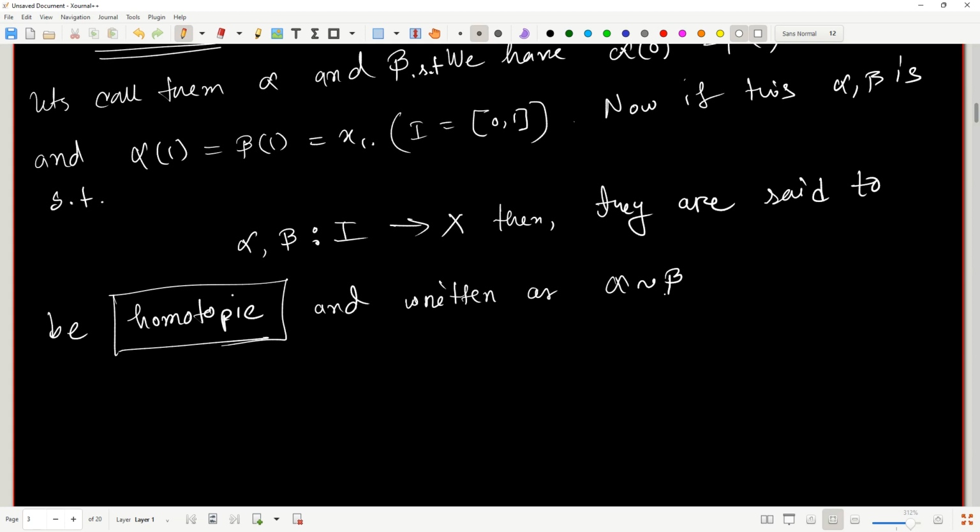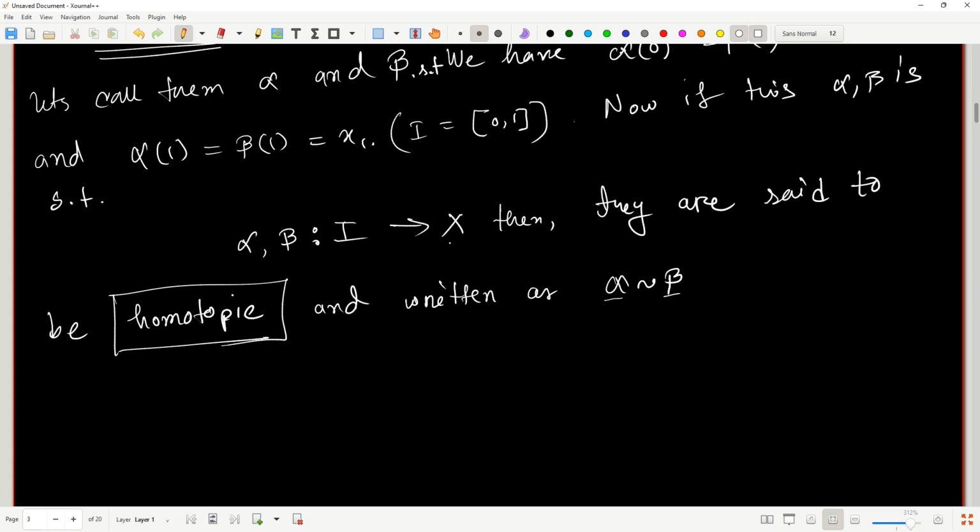This is the equivalence symbol, and that's the convention for denoting that these two paths are homotopic to each other. Why this symbol? In some sense, homotopic means they're equivalent to each other under some continuous deformation. So that's another reason for using it.